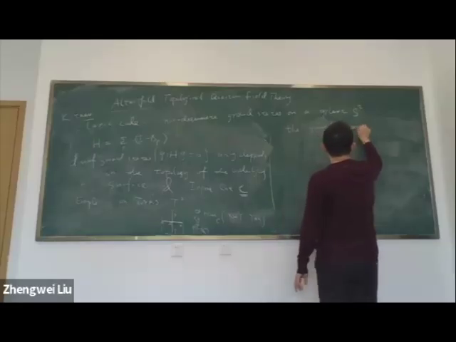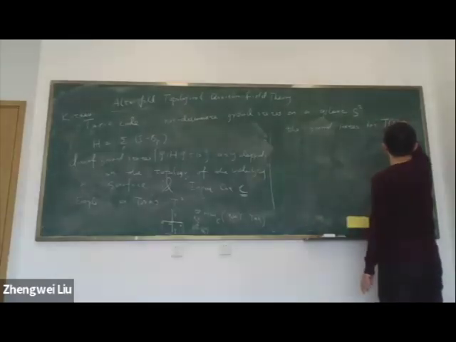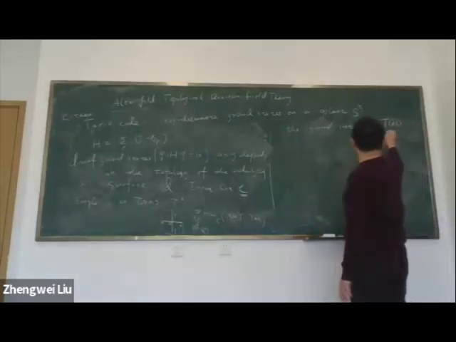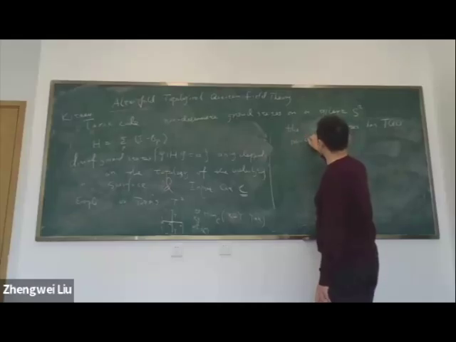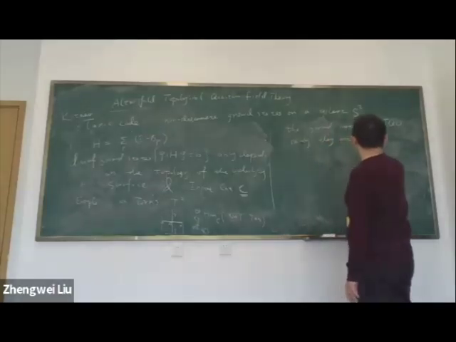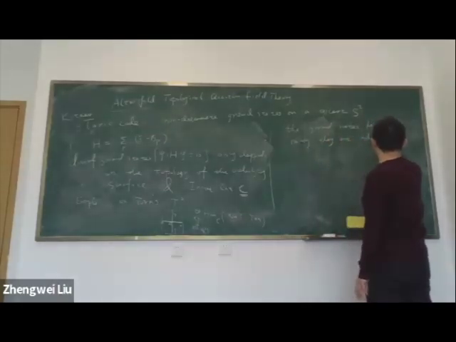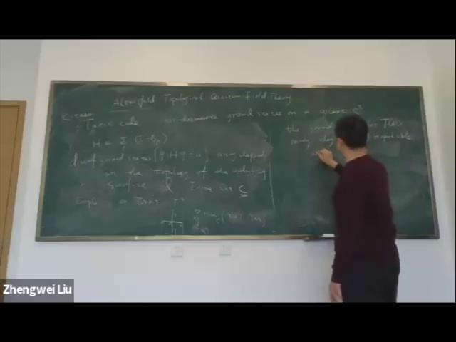The ground states have this TQ condition, topological order, namely they are indistinguishable on a local disk.